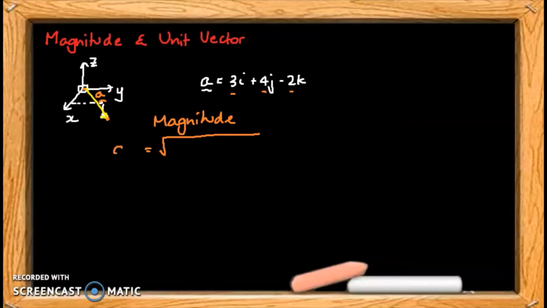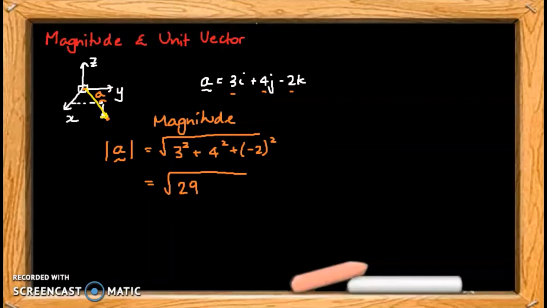So in this case, the magnitude of A, which we write as A with modulus lines, the absolute value lines, either side, would be 3 squared plus 4 squared plus negative 2 squared. And we can calculate that out to be root 29.